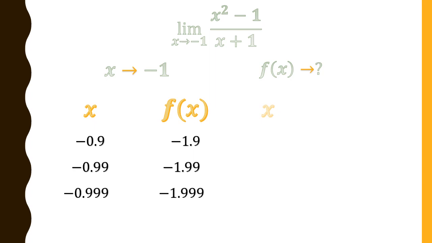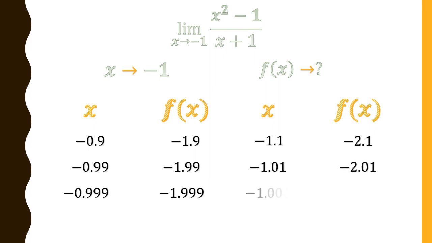Let us take the second pair of values, -1.1. As you can see, it is on the lesser side. When I put -1.1 into my equation, I get -2.1. Now I take a little bit smaller value, that is -1.01. It is nearer to -1. And when I put it into the equation, I get -2.01.